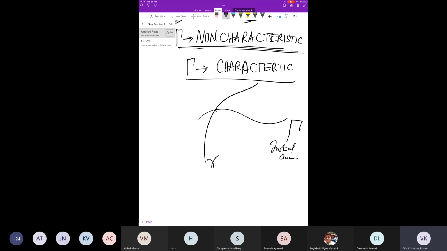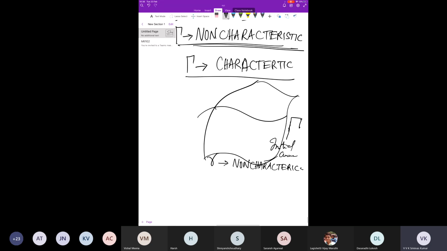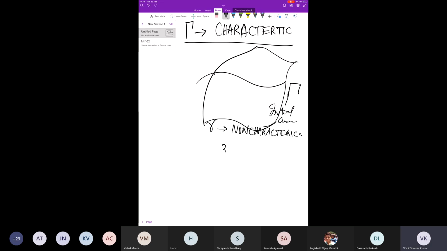Now this will be non-characteristic, and it produces a solution, an integral surface, z equal to u(x,y). Produce an integral surface using this small gamma.